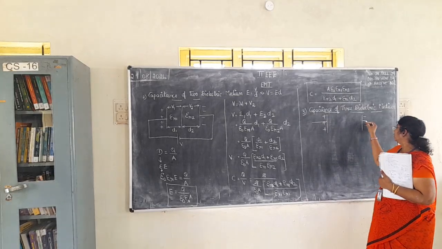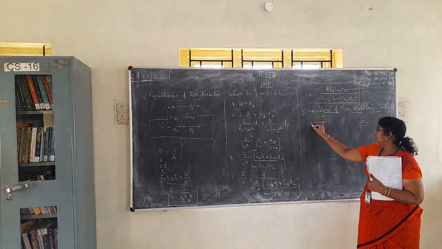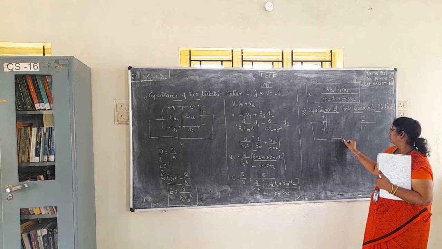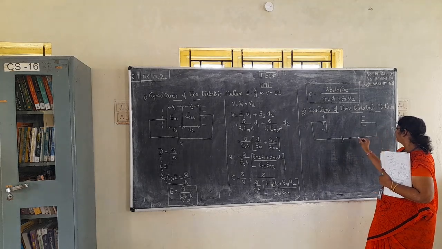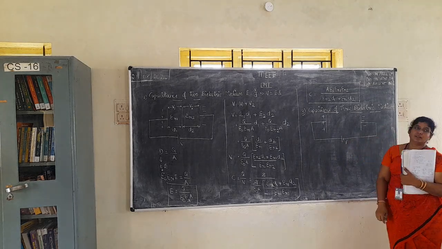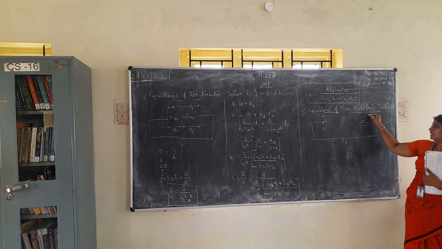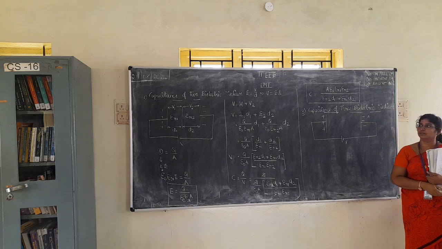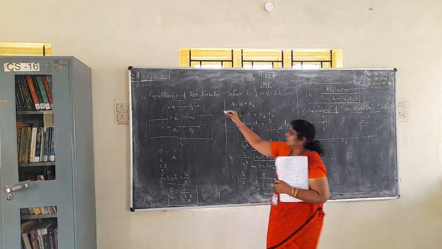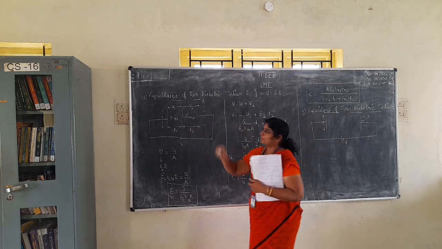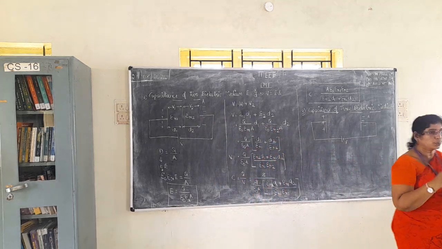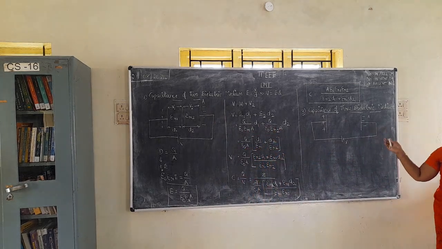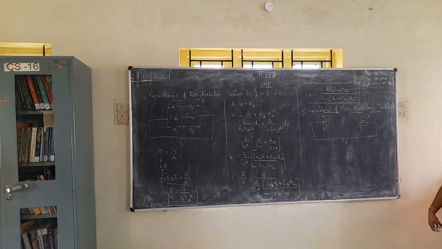In between you have a voltage V. Area remains constant, A. Instead of two types of dielectric, here we are going to include three types of dielectric.